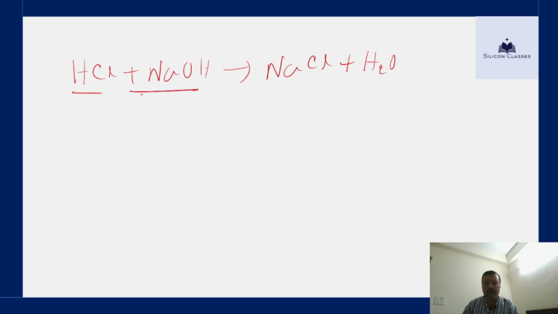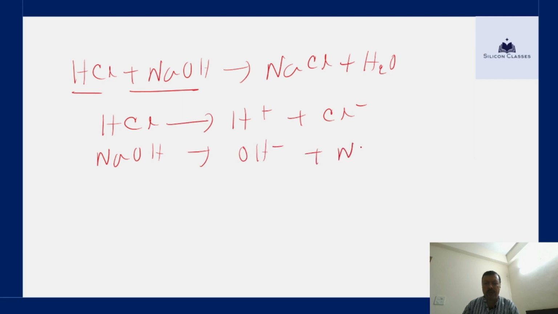Now we are coming to the reaction. How will an acid and base react? Suppose HCl reacts with NaOH, it will form the corresponding salt and water. How will it dissociate? HCl will dissociate to form H plus and Cl minus. NaOH will dissociate to form hydroxide ion and Na plus.